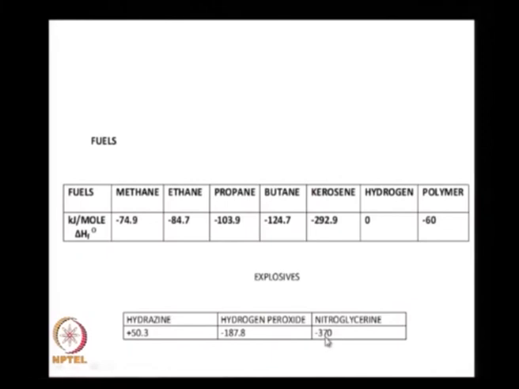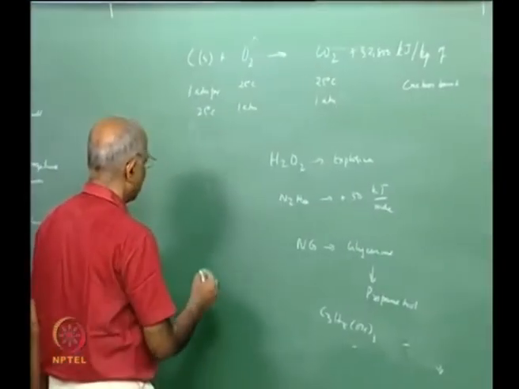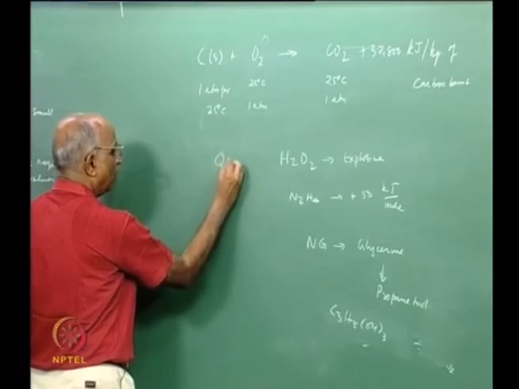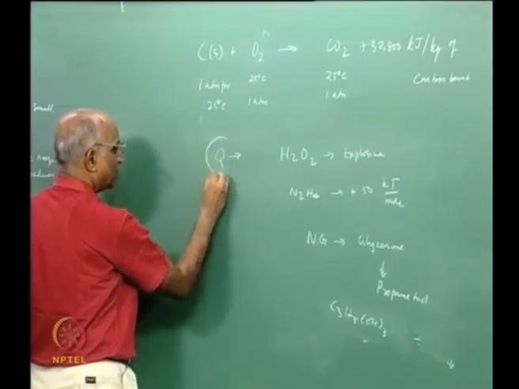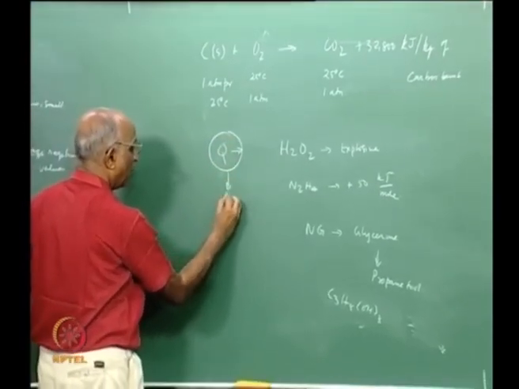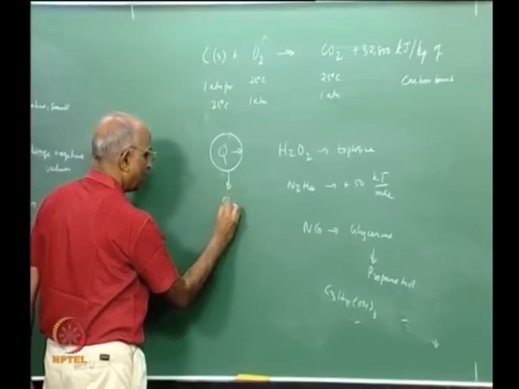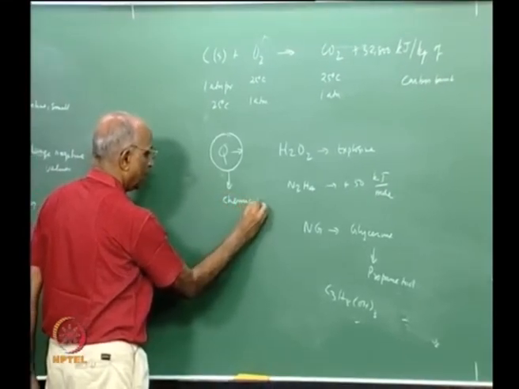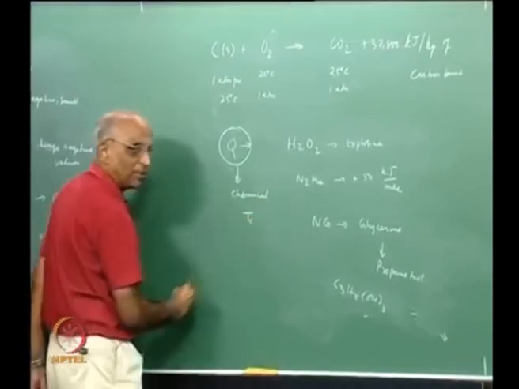Therefore, we are looking at the heat of formation of the different substances, and based on this we would like to find out which chemical, when it reacts, gives maximum heat, and therefore, under what conditions can I have chemicals which will give me a high value of temperature.